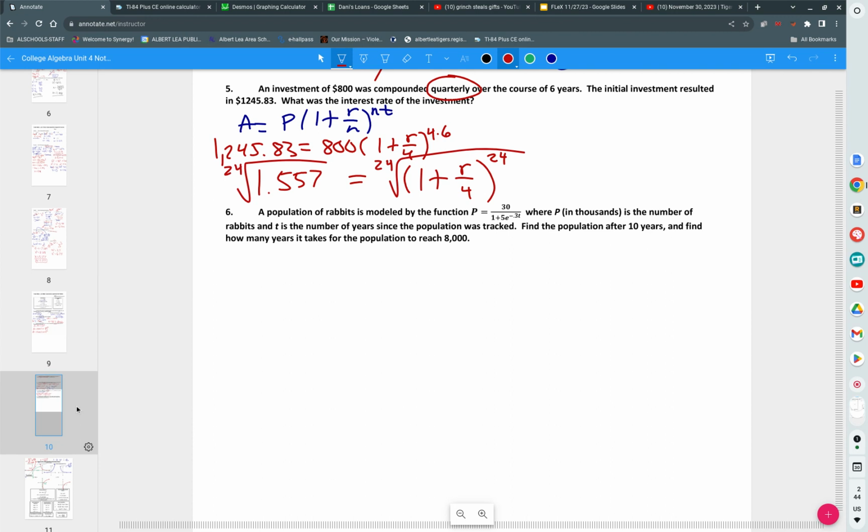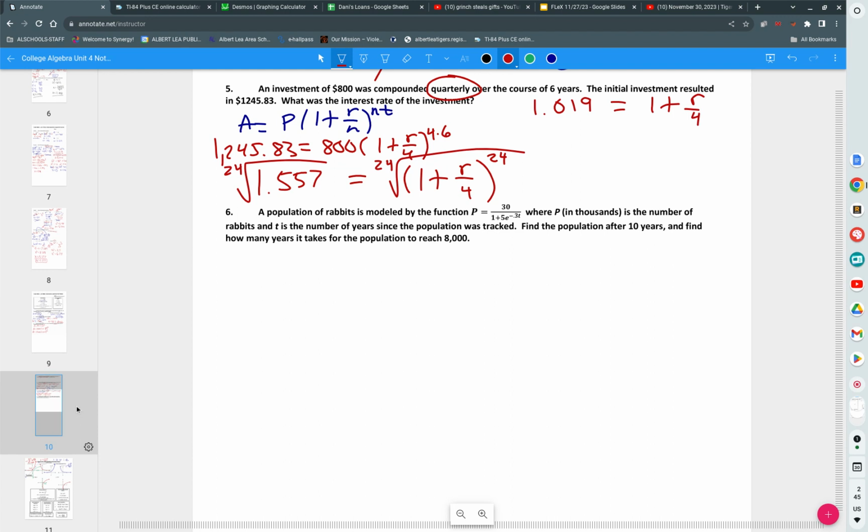So I have the 24th root of 1.557 is equal to 1 plus r over 4. Oh, I'm sorry, I'm just skipping by. A lot of people are probably wondering right now, how do you take the 24th root?